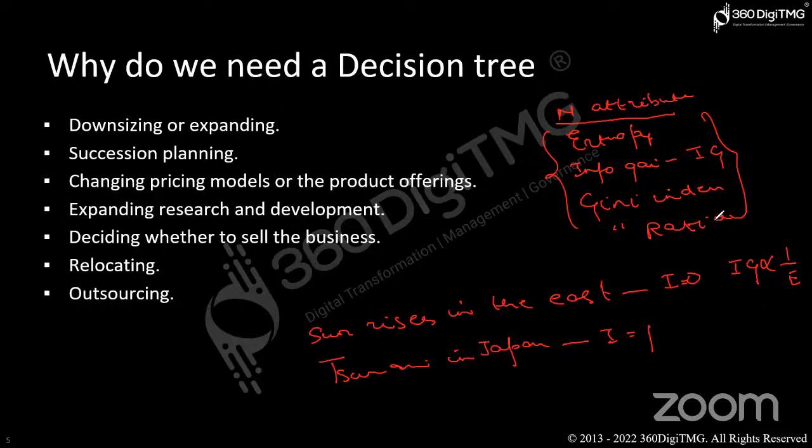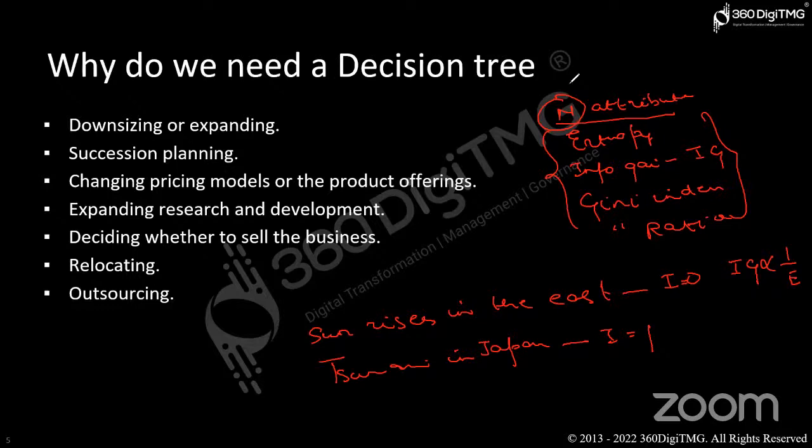It means it prefers the attribute with a larger number of distinct values. So these are some ways through which you can get help in choosing which attribute to use as your root, because you have multiple attributes or variables in your data set.